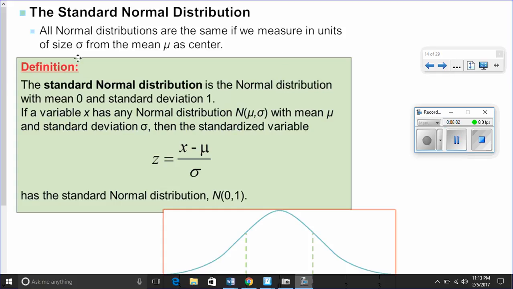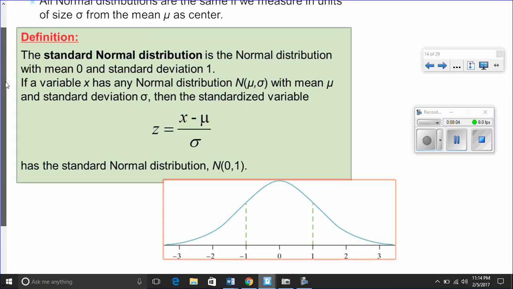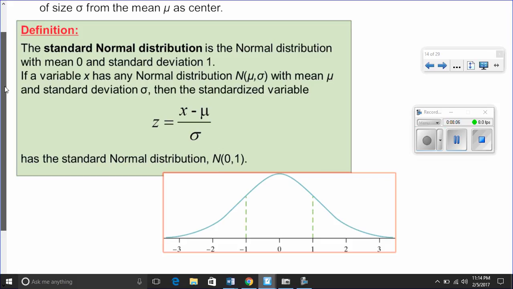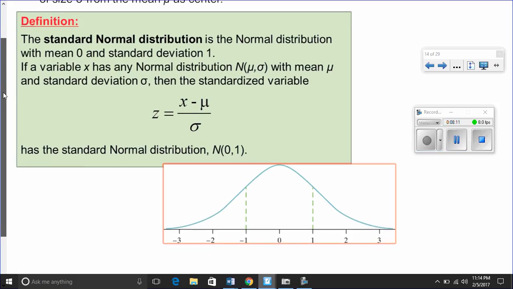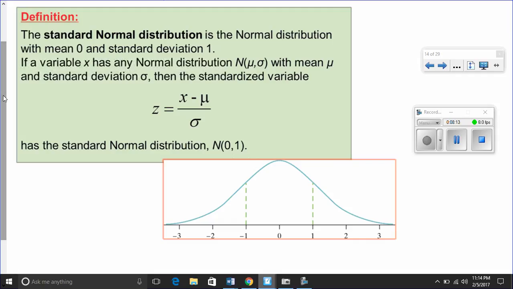The mean would be 0, because if you take the mean value and subtract the mean, it's going to be 0. The numbers at the bottom represent the standard deviation, in this case 1.